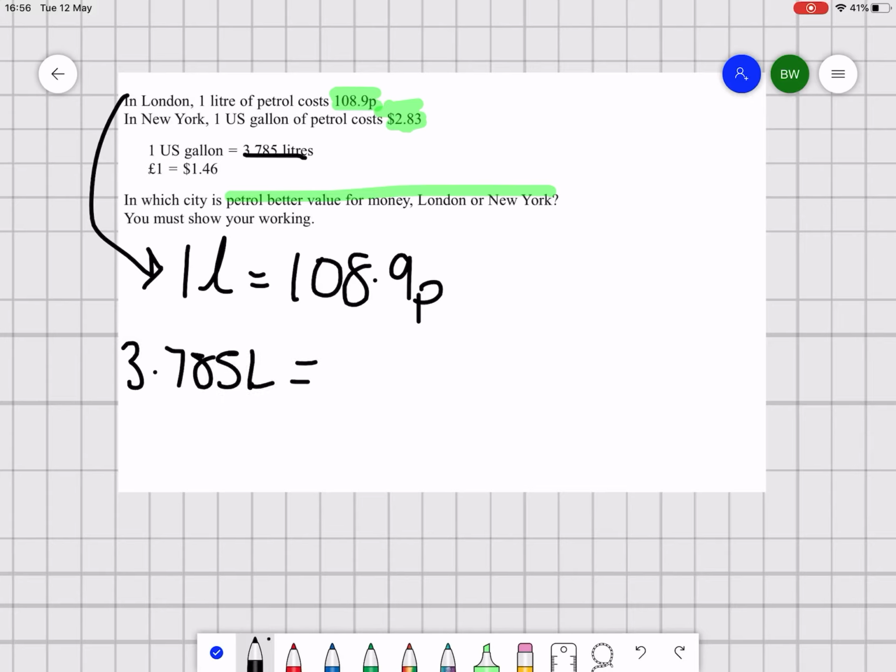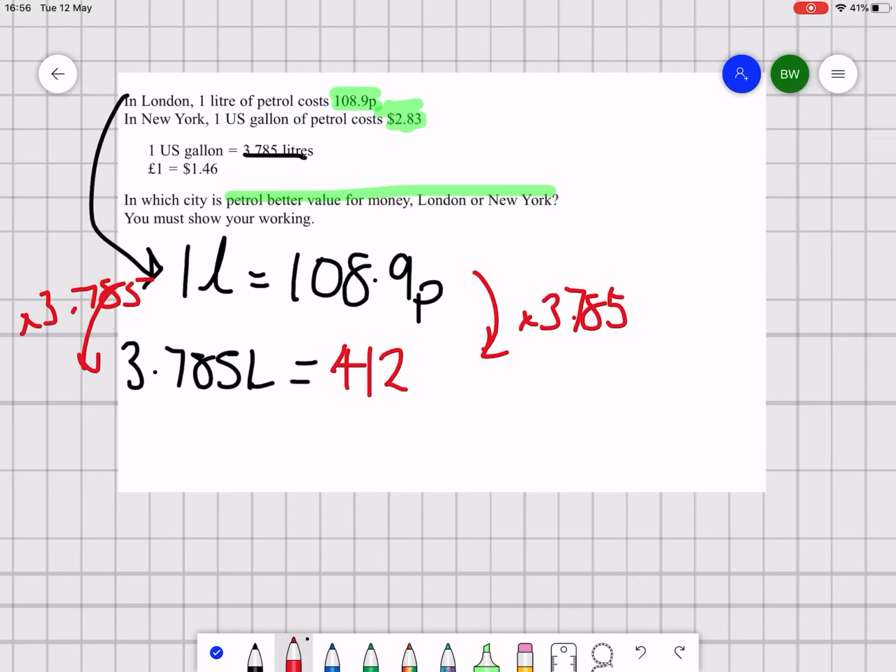So I've got to multiply this side also by 3.785. Okay, so 108.9 times 3.785 gets me 412.1865 pence.